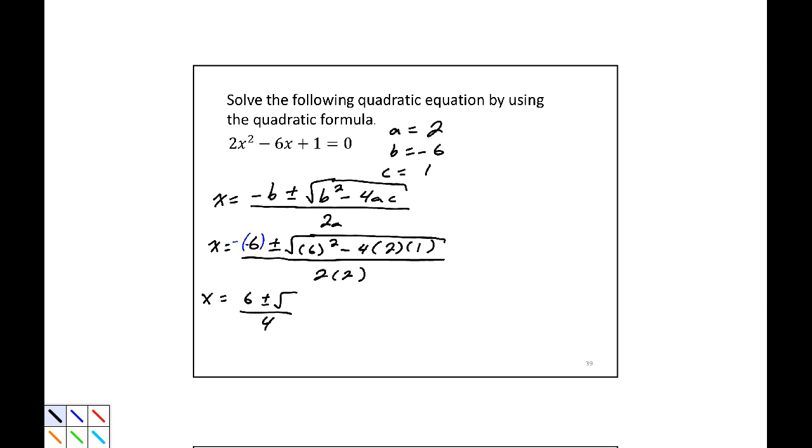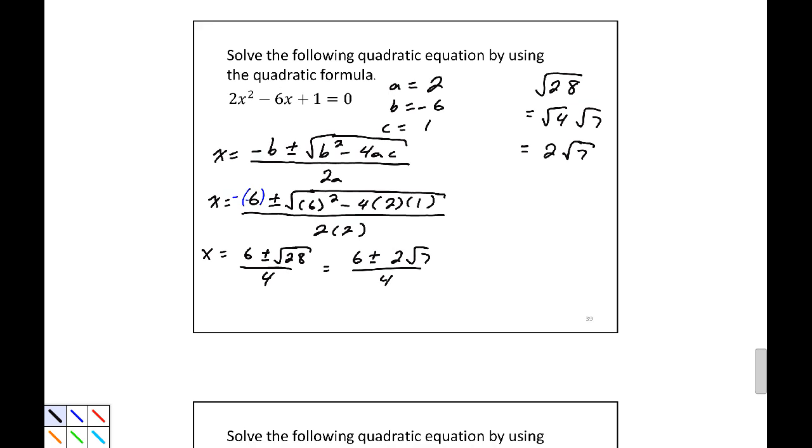Well, 6 squared is 36. And 4 times 2 times 1 is 8. So this is the square root of 28. Now I'm going to go off to the side here. The square root of 28 is the square root of 4 times the square root of 7. So that is 2 root 7. All right, 6 plus or minus 2 root 7 divided by 4. Now we can only reduce this if a 2, or whatever value, divides into every term.